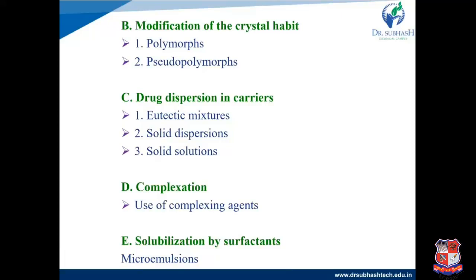Surfactants are generally used in a concentration below the critical micelle concentration, the CMC value. A most widely used example is a non-ionic surfactant like polysorbate.